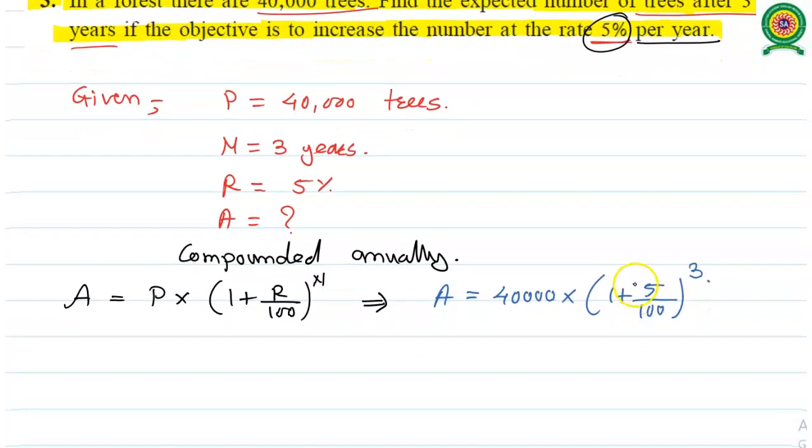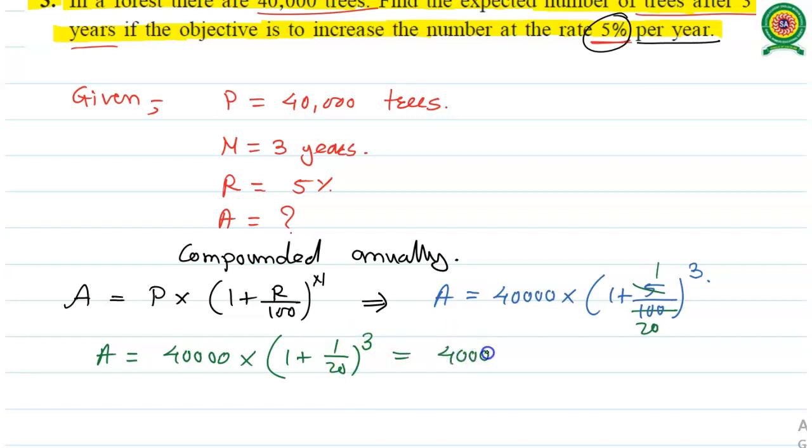Now we know 5 ones are 5, 5 twenties are 100. So the number of trees at the end of the 3 years is 40,000 into 1 plus 1 upon 20, the whole cube. By making the cross multiplication in the bracket, we are getting 40,000 into 21 divided by 20, the whole cube. 20 plus 1 is 21.